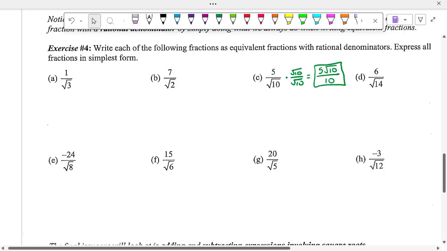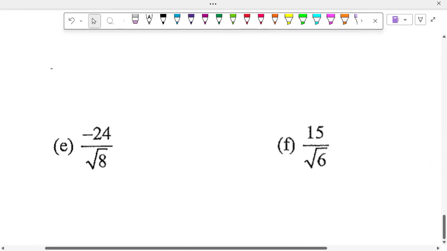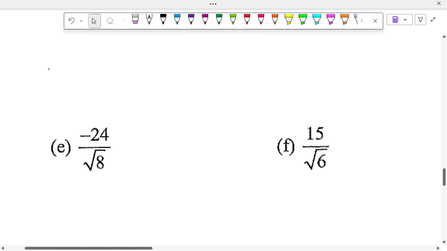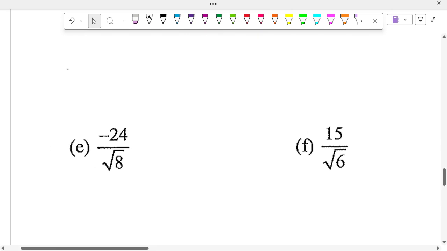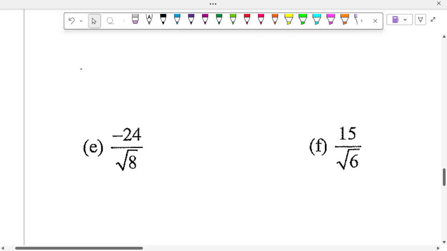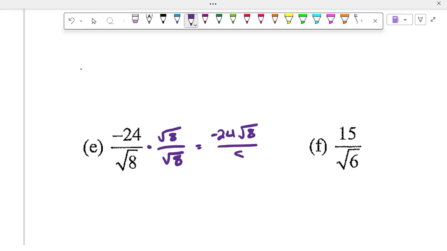All right. Now look at letter E. So first off, what am I multiplying the top and the bottom by? The square root of 8. So this would be negative 24 square root of 8 all over 8. Now, we got a little issue here. What's true about the square root of 8?